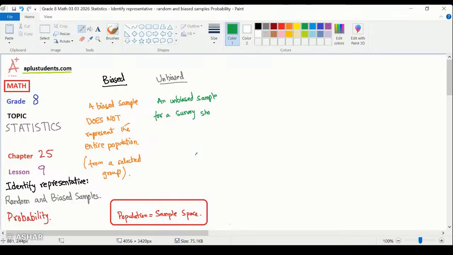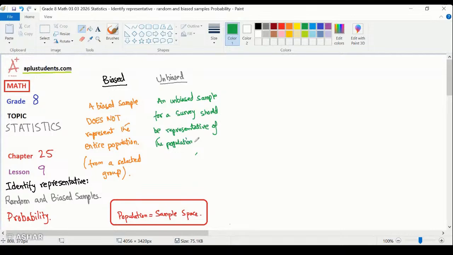Should be representative of the population.